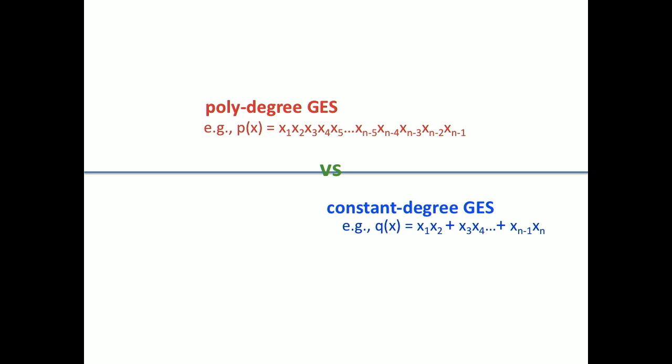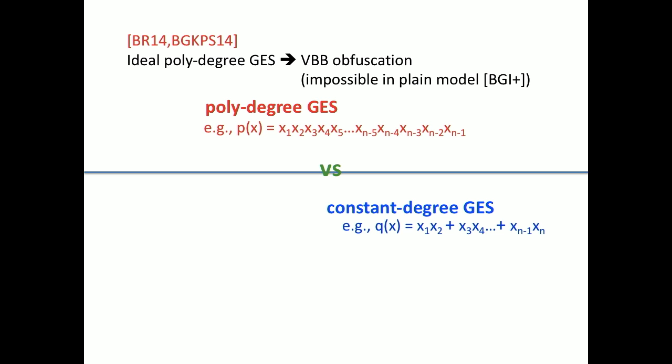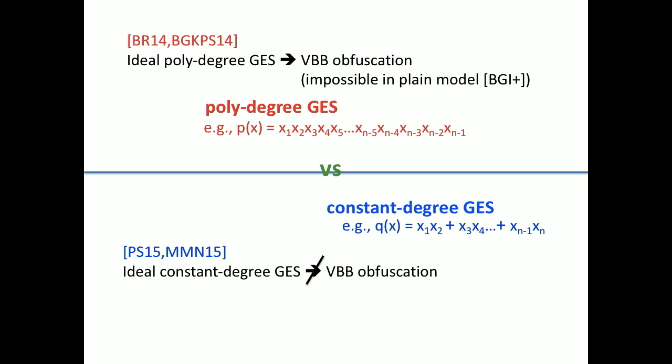We all know that when polynomial degree is implemented in the ideal way through an oracle, it actually implies the strongest notion of obfuscation, called virtual black box obfuscation, which turns out to be impossible to instantiate without any oracles, or in the plain model. On the other hand, we do know that ideal constant degree is not capable enough to instantiate VBB obfuscation. So that is one way that they're separated.